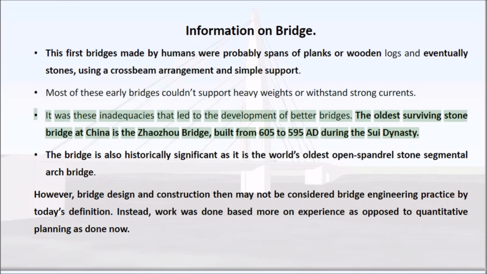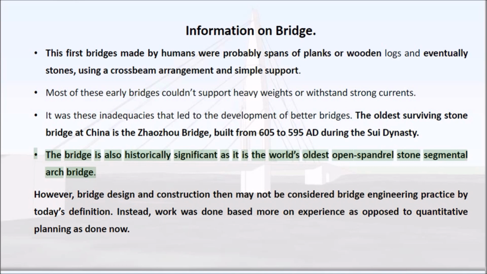The oldest surviving stone bridge in China is the Zhaozhou Bridge, built from 595 to 605 AD during the Sui dynasty. The bridge is also historically significant as it is the world's oldest open spandrel stone segmental arch bridge.